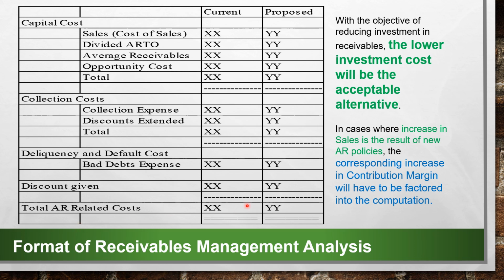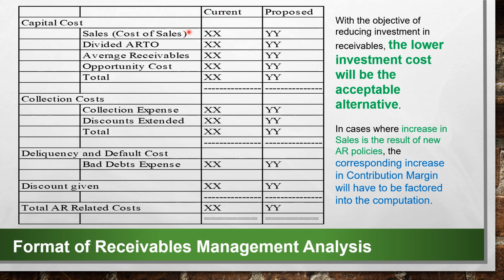Okay, so our objective is to reduce the investment in receivables. So the lower investment cost will be the acceptable alternative. Again, the lower the cost, the better. There are cases where an increase in sales is the result of new accounts receivable policies. Then the corresponding increase in contribution margin will have to be factored into our computation.